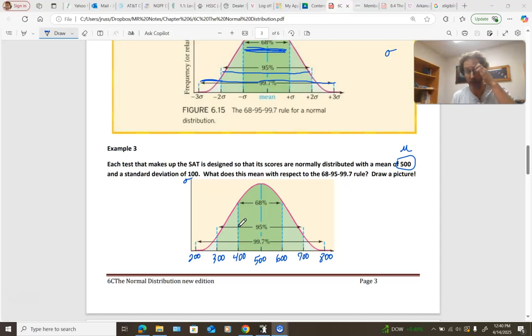In the context of the SAT, you could say that between 400 and 600 there will be 68% of test takers who score anywhere from 400 to 600 on the SAT, and there'll be close to 95% of test takers who score anywhere from 300 all the way to 700. So that's from two standard deviations below the mean all the way up to two standard deviations above the mean. And that's kind of where we stop.